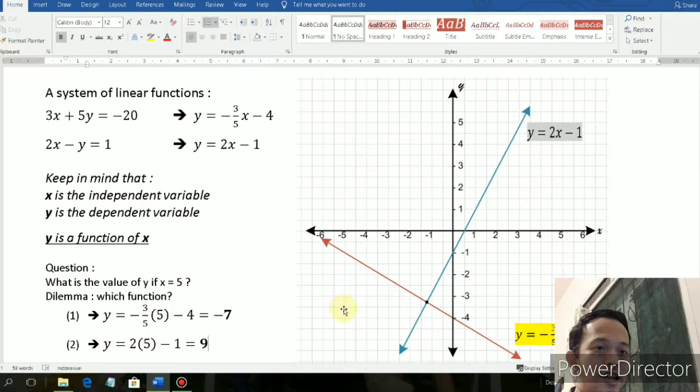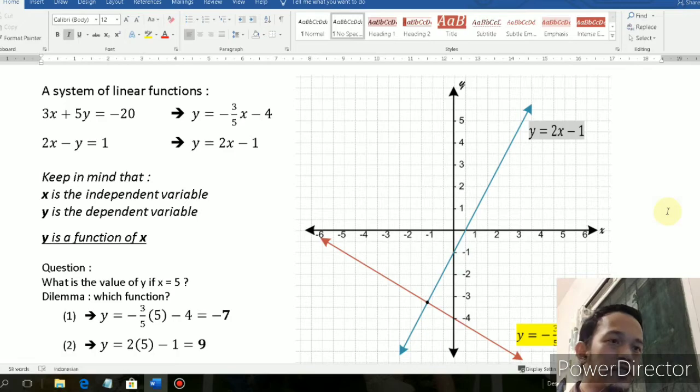See, I have two different values of y for one x. Why? Because we are using different functions. So this form will always give a dilemma as long as we are using only y and x.